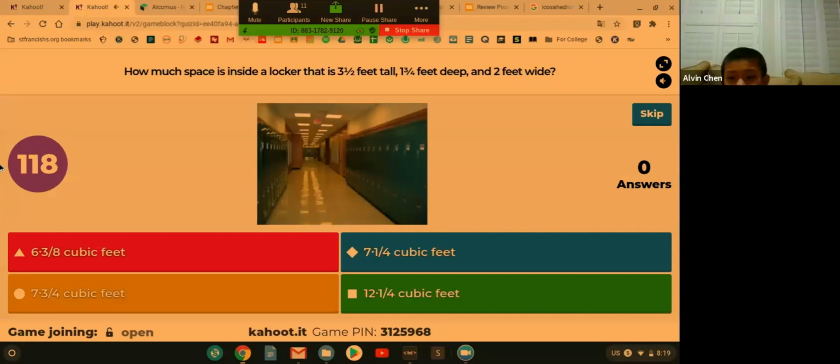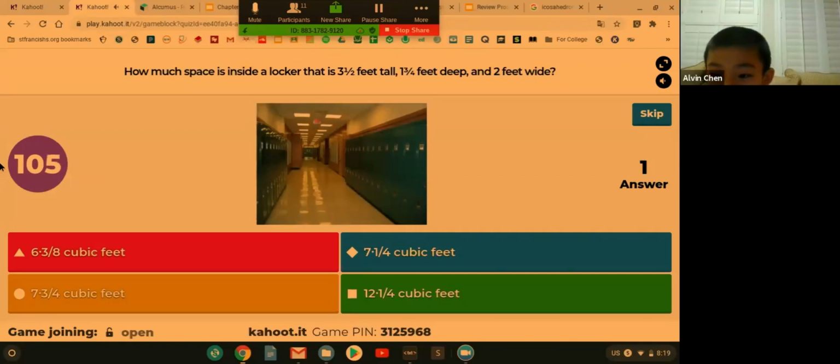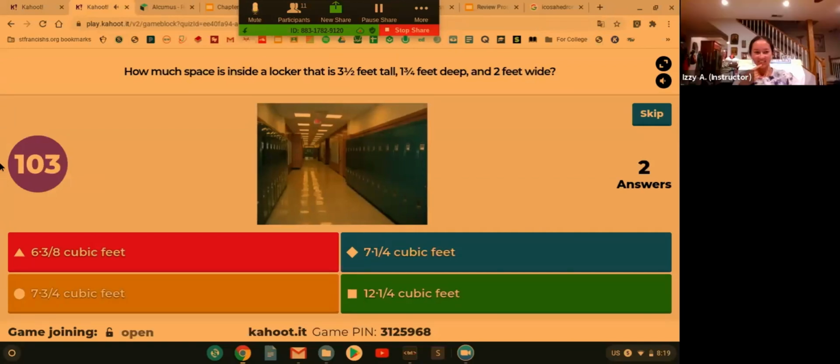I don't think you should use "deep". I don't think this should be the question. I don't think "deep" is a good way of expressing it. I don't think so either, actually, because I just found this Kahoot on Kahoot.